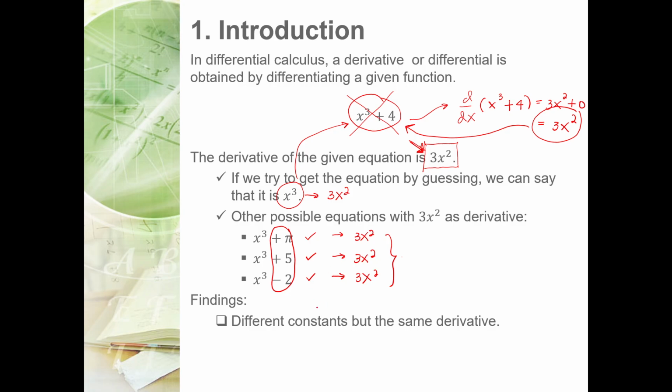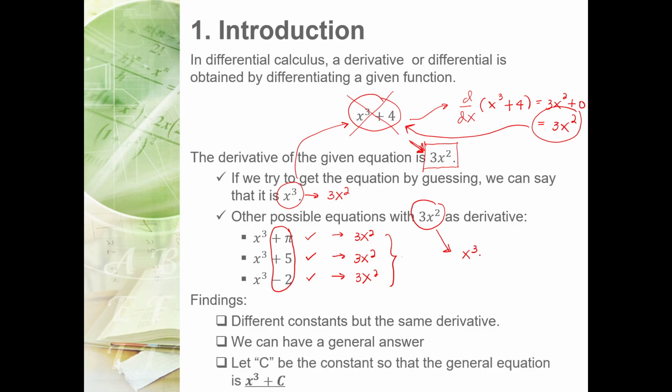Okay? So we can conclude that, upon derivation, we can have a general answer of integration. For example, we integrate 3x squared. We can say that the general answer is x cubed plus a given constant. Any constant is possible in this equation, so we can have x cubed plus c.